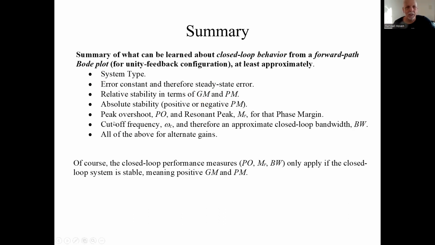I just didn't talk about it. We can find or approximate peak overshoot in the time domain, and the resonant peak, which is the overshoot in the frequency domain, all based on the phase margin. We can find that cutoff or crossover frequency and therefore approximate the closed loop bandwidth. These are all things you're finding out about the closed loop system from the Bode plot of only the forward path transfer function.